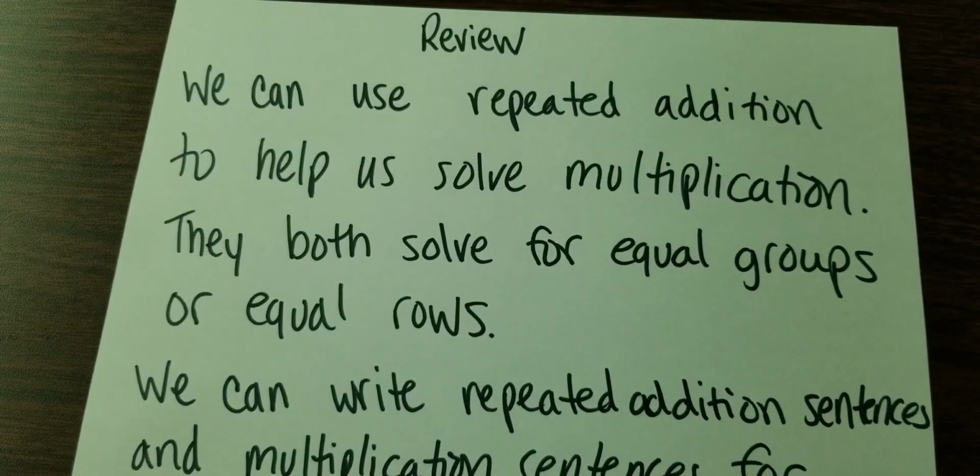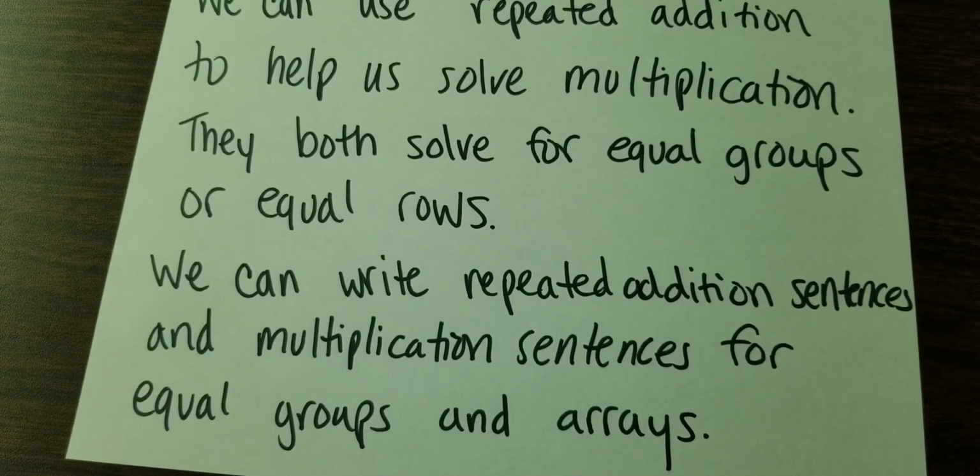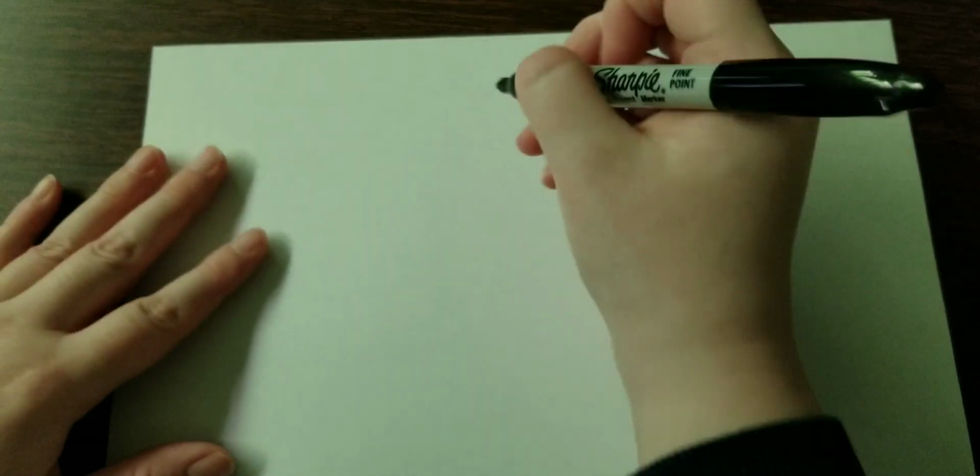Let's review. We can use repeated addition to help us solve multiplication. They both solve for equal groups or equal rows. We can write repeated addition sentences and multiplication sentences for equal groups and arrays. Let's take a quick look at the difference between equal groups and arrays.